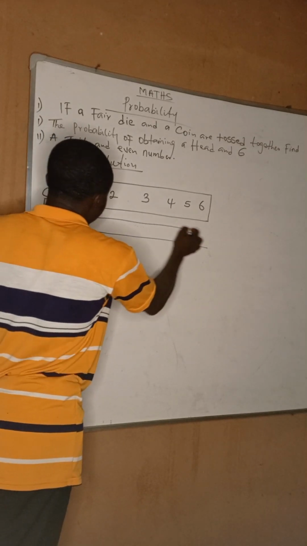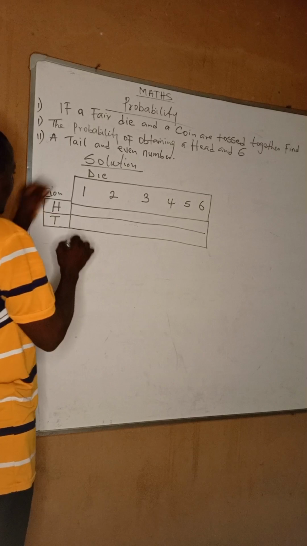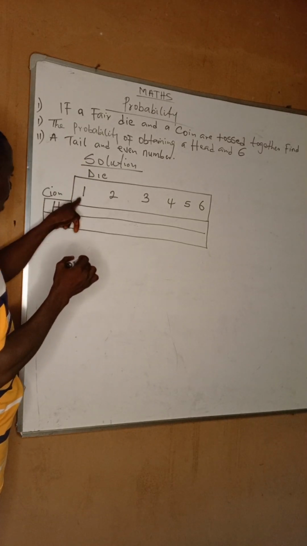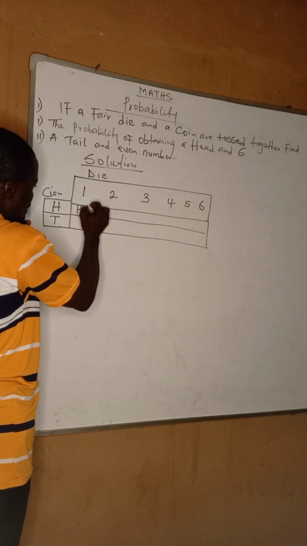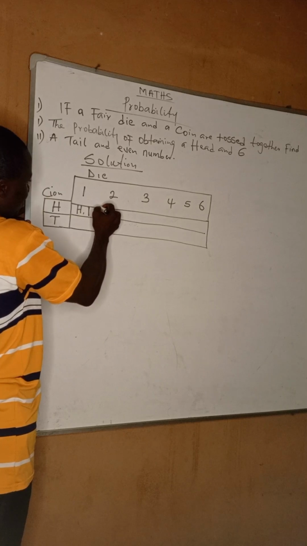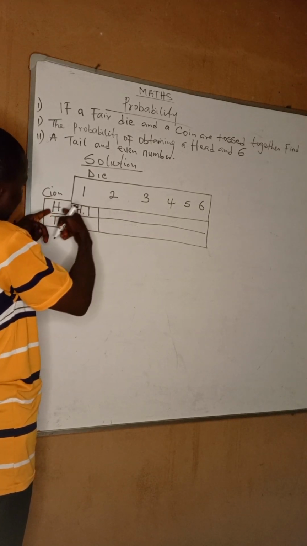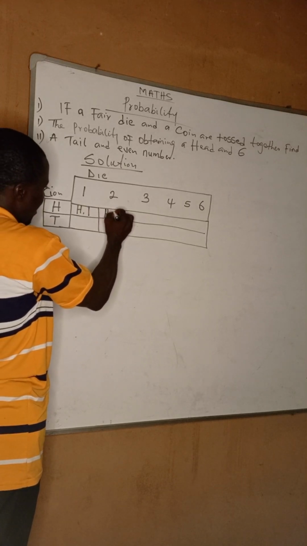Extend this one, bring it down like this. Then at the first row, it could be that we got a head and 1. We write head, comma, 1. Second one, head and 2, it will be head, comma, 2.